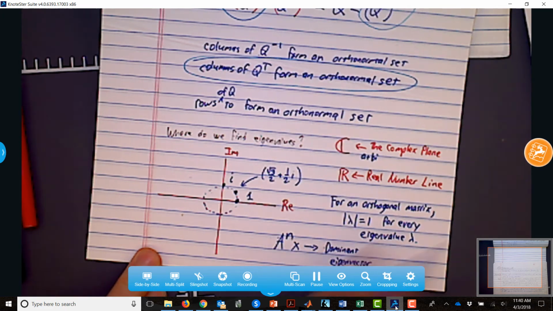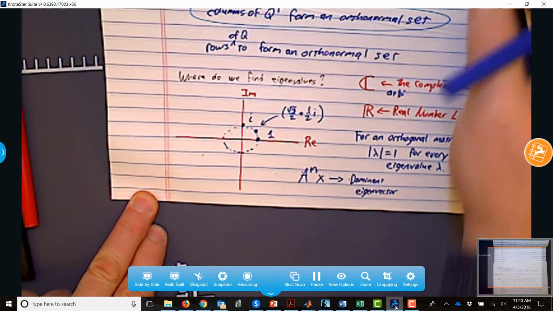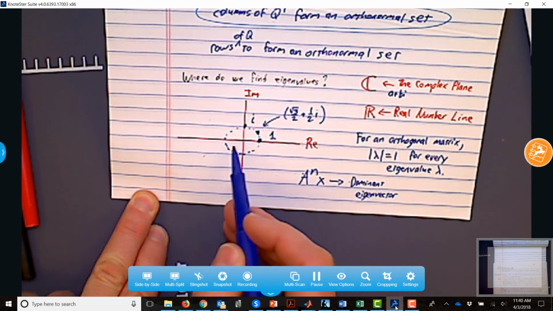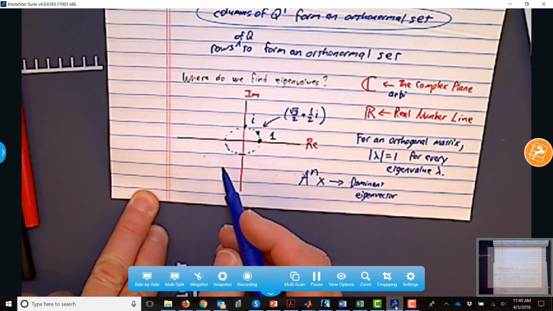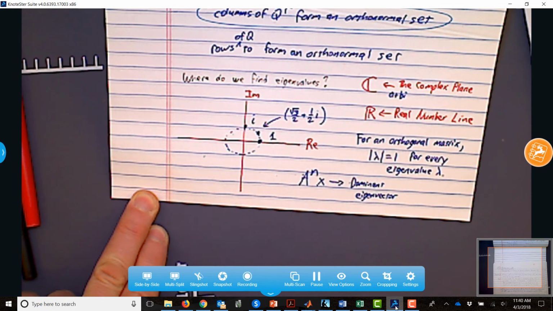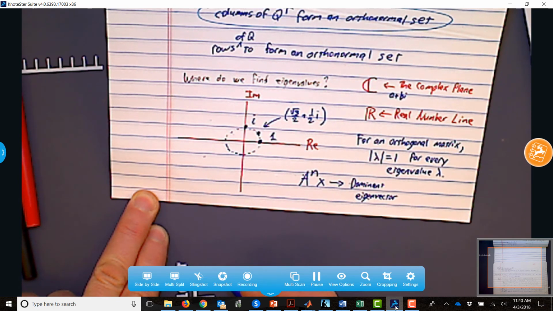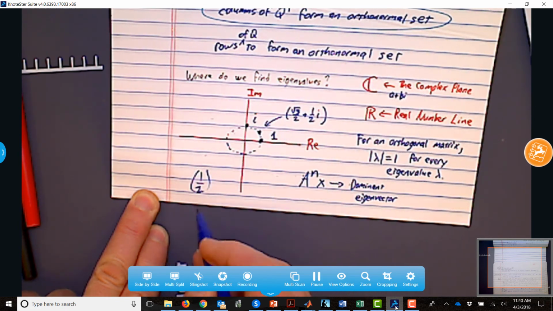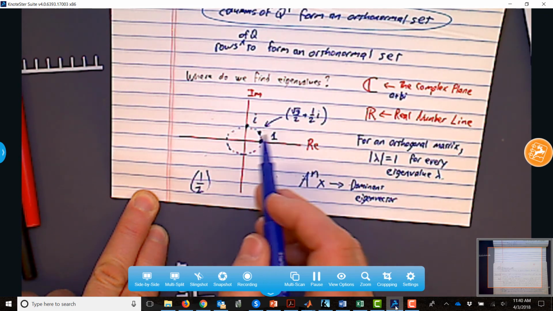So in general, what happens is this. If you take a number smaller than 1, closer to 0, and multiply it by itself over and over again, what happens? Something like 3 halves plus 1/2 i is also on the unit circle, yeah.